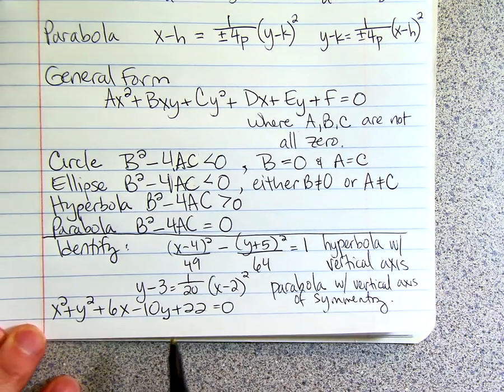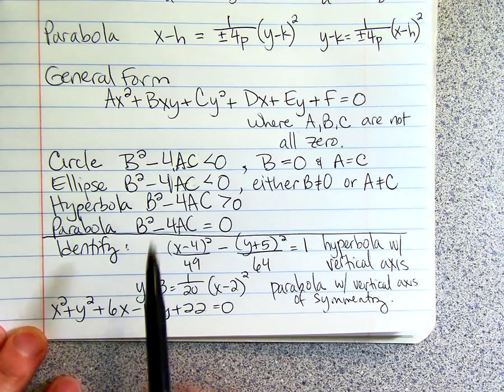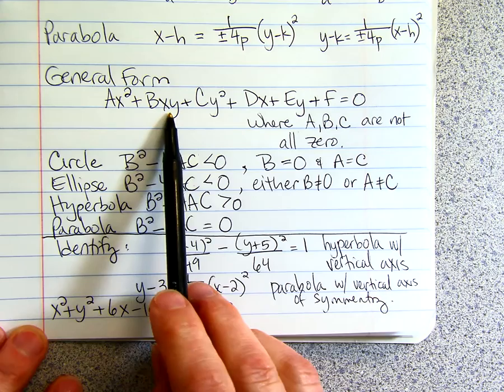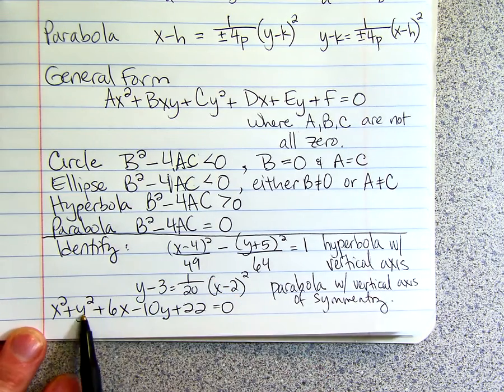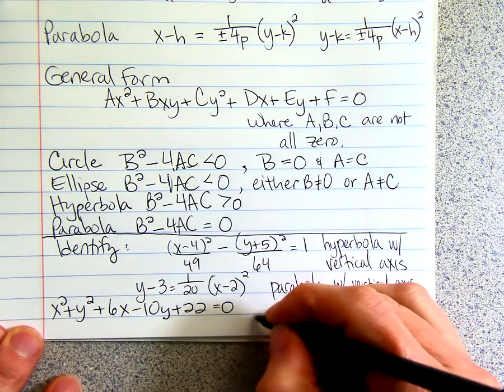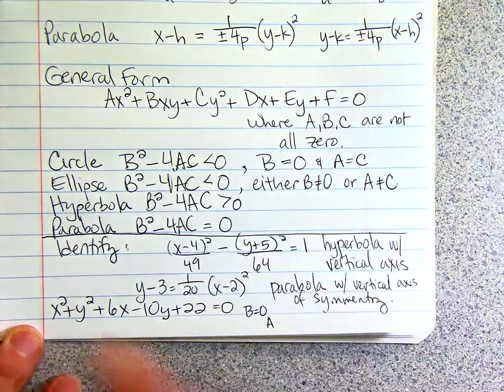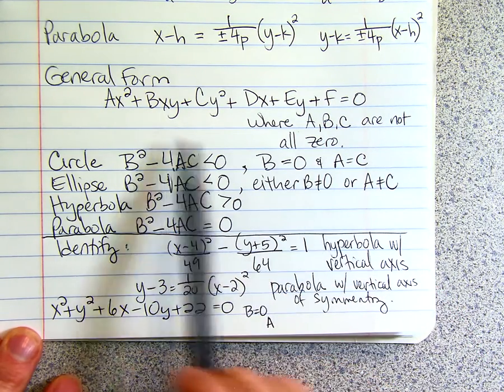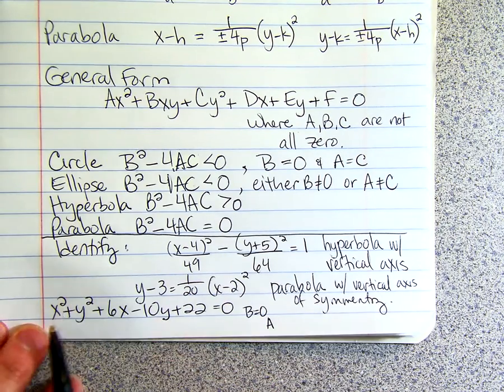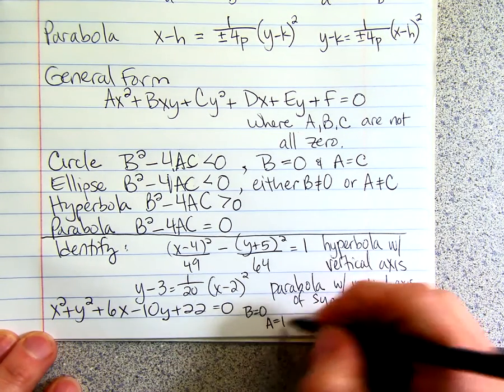So all I have to do is my b squared minus 4ac, but I have to find them first. B is the coefficient of the xy term. There is no xy term, so b equals 0. A is the coefficient of the x squared, so it's 1.